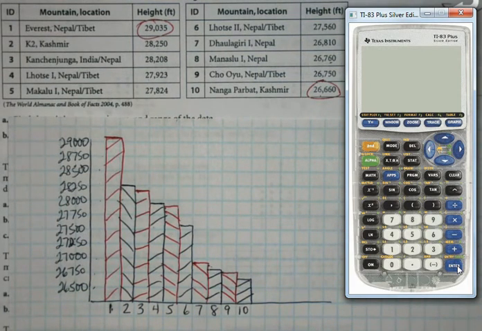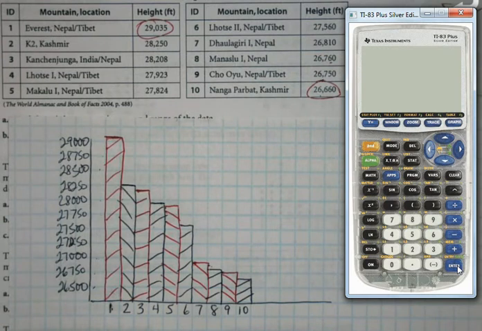Now, to be perfectly honest, if you looked at that bar graph, would you think that the first mountain was about 3 times taller than the last one? Because you look at this little tiny bar and look at the big bar on the end and go, oh my gosh, there's got to be a whole bunch of difference. And then when I tell you, well, no, it's only a couple thousand, you're like, oh.